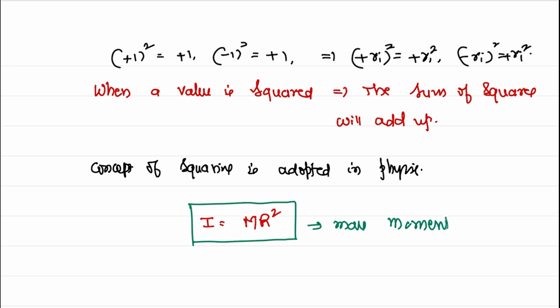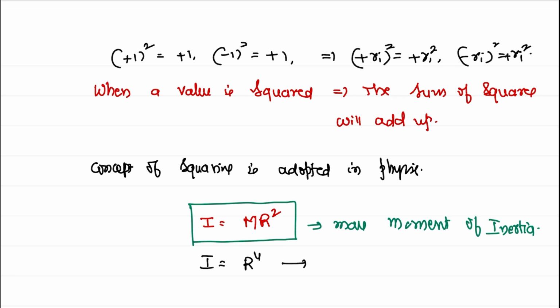There is another moment of inertia also, called the second area of moment of inertia, I is equal to r to the power of 4.